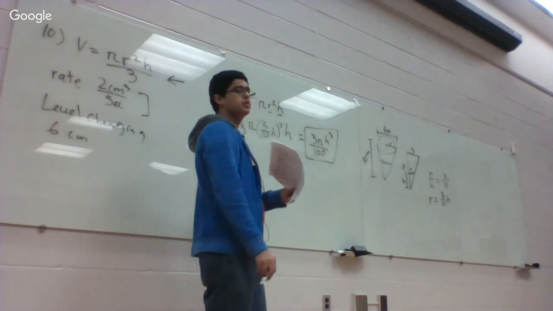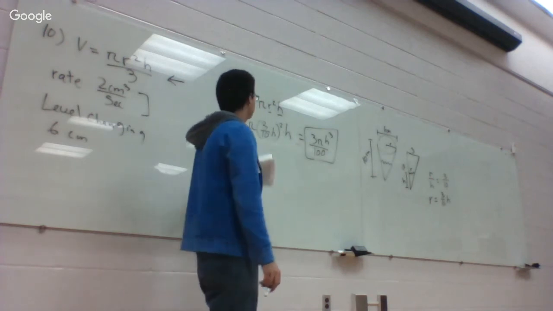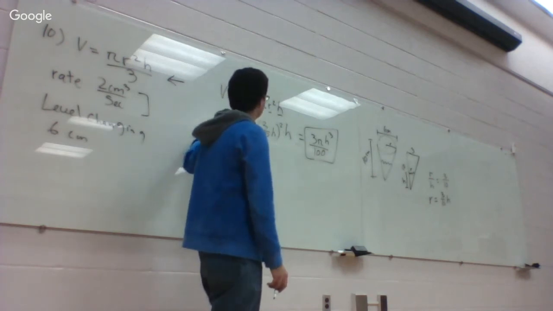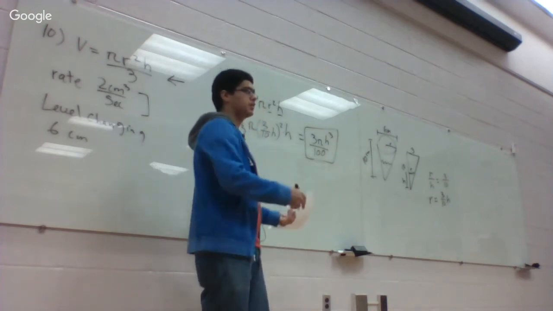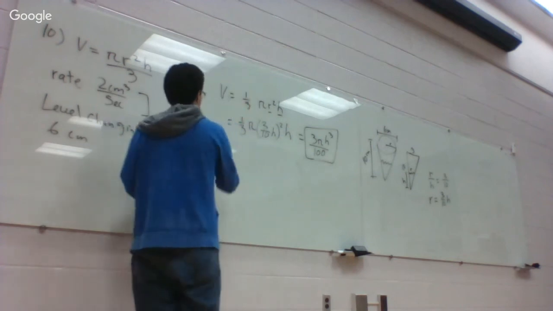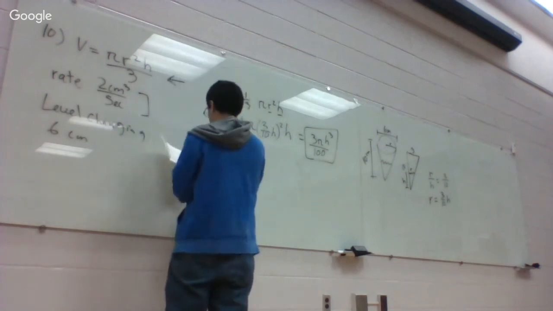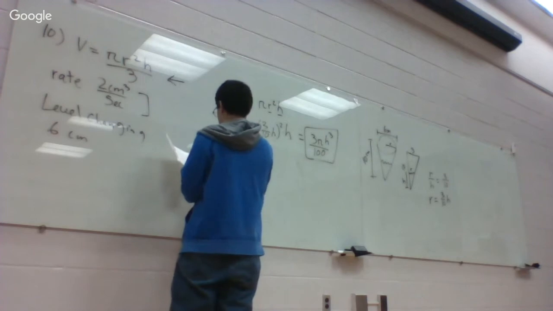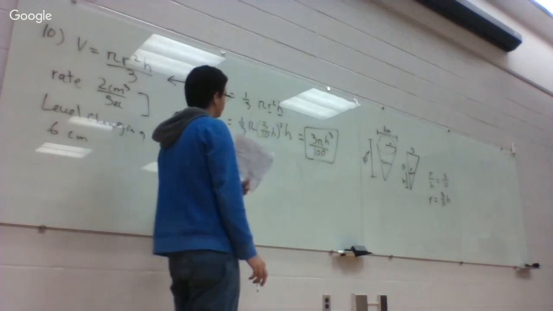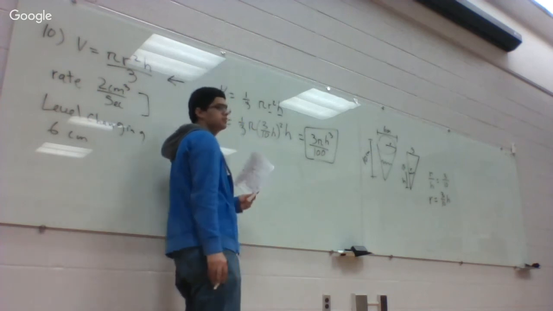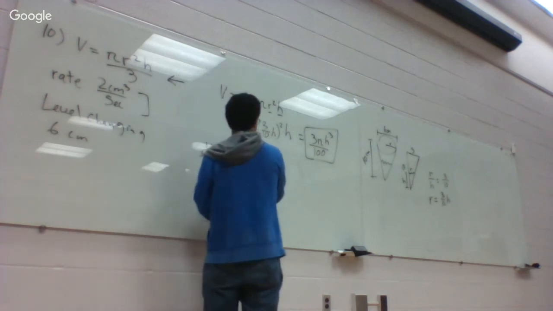Okay? So now we need to take the derivative of this with respect to time. So the related rate is with respect to time. So dV over dt is equal to, what do you guys want to say? 9 pi.